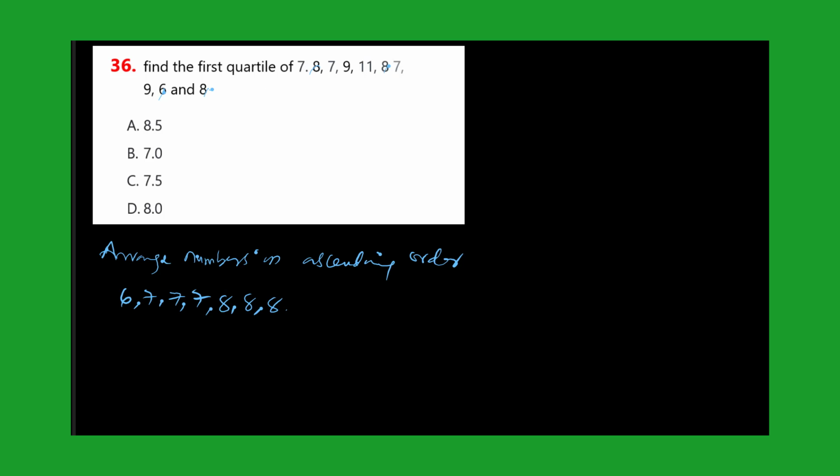Then followed by 9, which appears twice. Then 11. Everything is 1, 2, 3, 4, 5, 6, 7, 8, 9, 10, so it is 10 numbers.